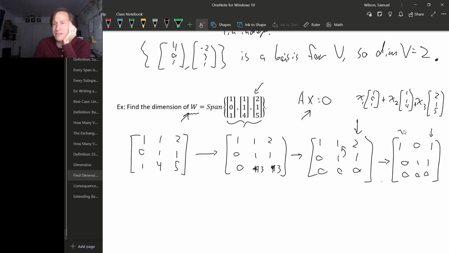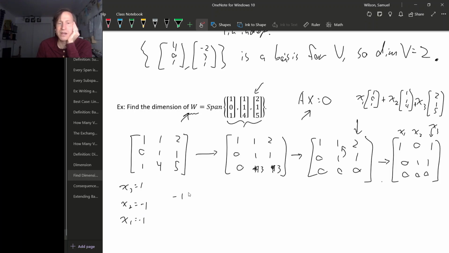That would mean this is the x1 column, this is the x2 column, this is the x3 column. x3 is free, so we can generate a linear dependence relationship just by choosing anything except 0 for x3. So in particular, we could choose 1 for x3. x2 then has to be minus 1, and x1 also has to be minus 1.